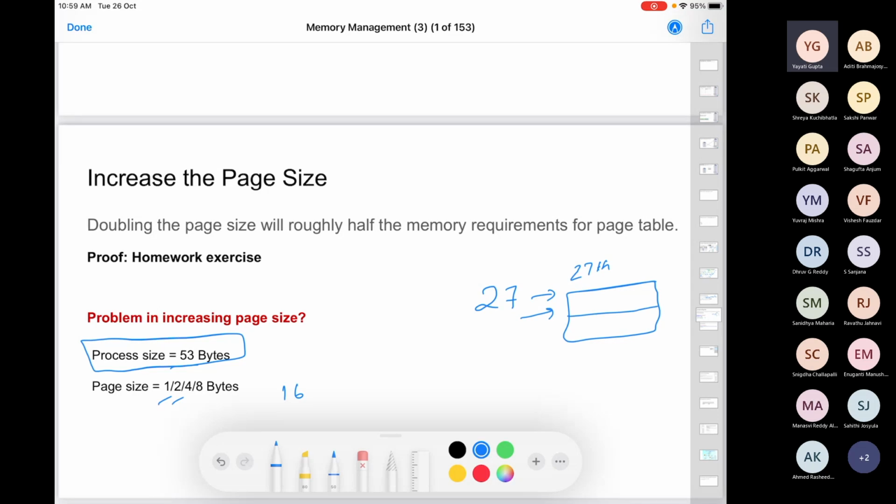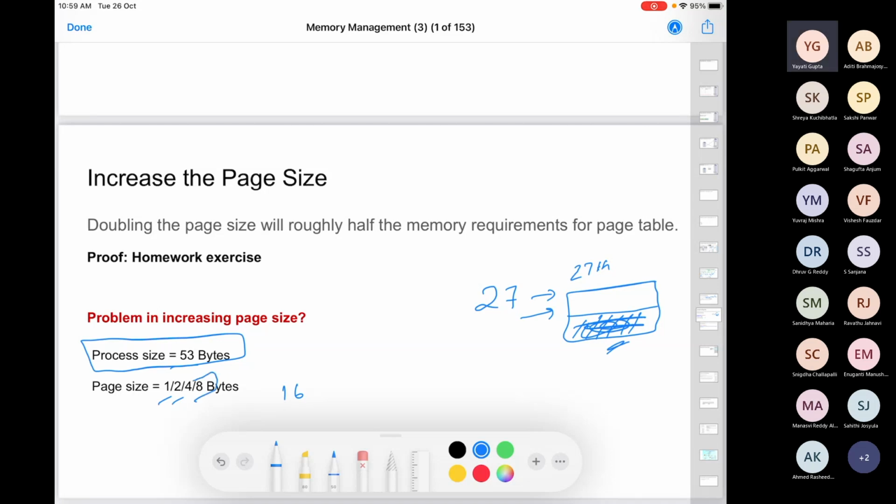The first byte is your last byte, which is the 53rd byte. If you look at the other byte, it is free. It is an extra space which is allocated to this process. We said that it was internal fragmentation, right? This particular space is not being used by this process, but still you'll have an entry for this in the page table.